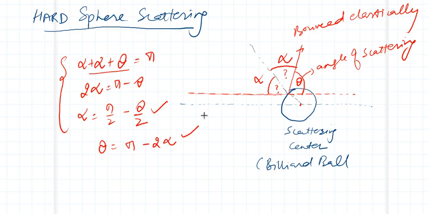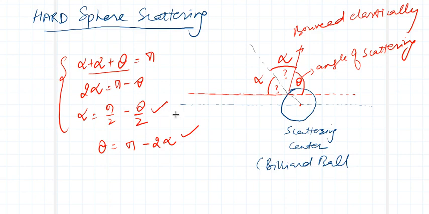What are we doing? Clear? So what is my objective in this hard sphere scattering problem? My objective is to find out how theta is linked with the impact parameters. Purpose क्या है?